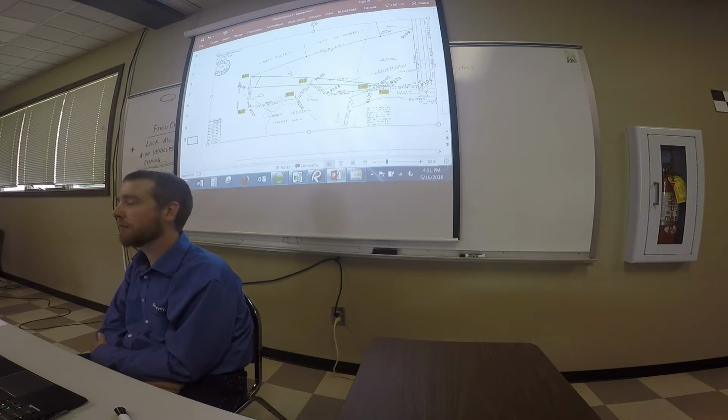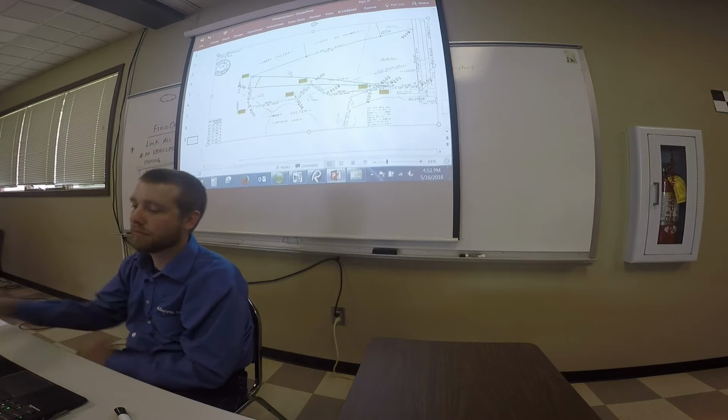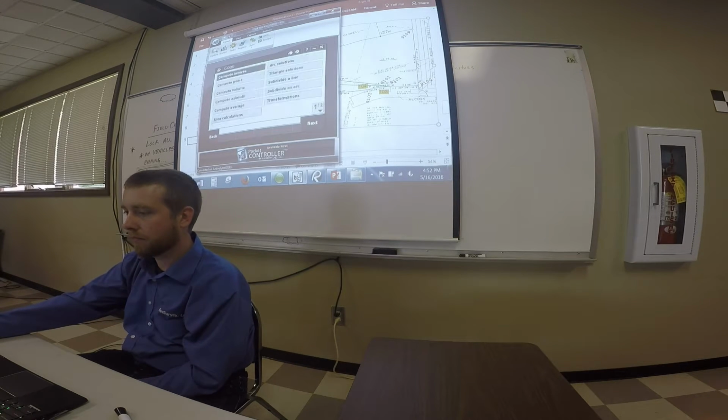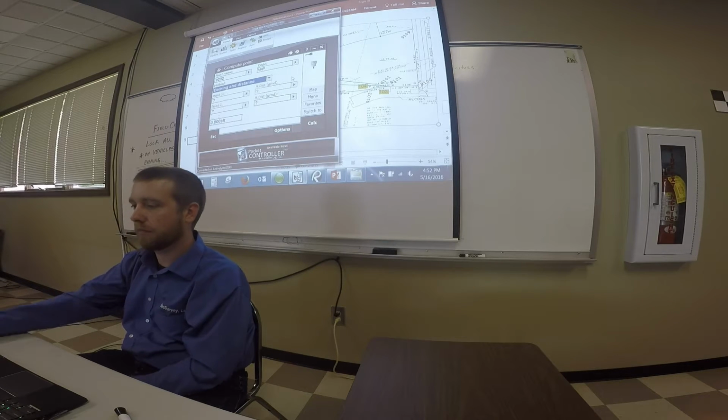Okay, here's the first governing factor. It's easier to enter a bearing and a distance to calculate a coordinate than anything. That's the easiest thing there is to calculate coordinates, a bearing and a distance. Or somebody gives them to you. Those are the two easiest ways to get coordinates.